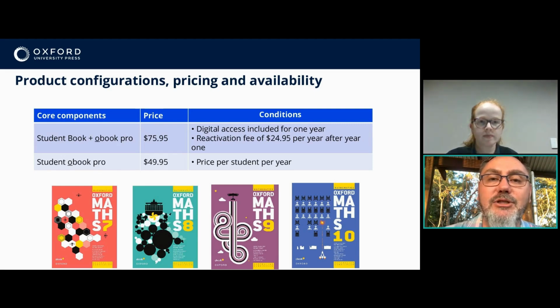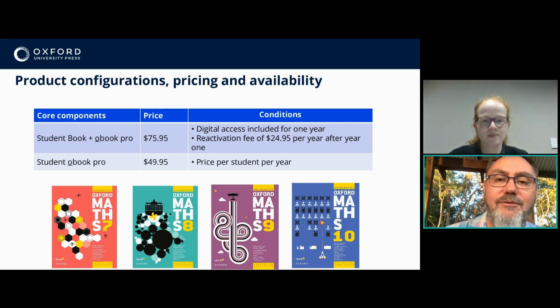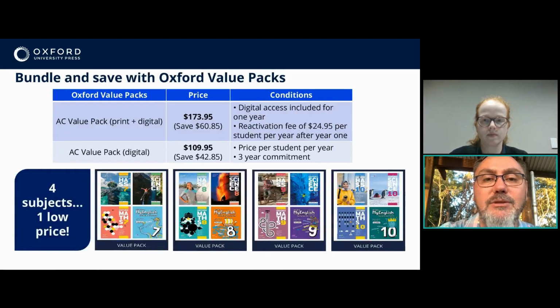There is a reactivation fee of $24.95, but you can also talk to your consultant about your particular school if you're looking to adopt for 3 years or more, and we can look at that reactivation fee. Student book O, just the digital component for a student purchase, so if it's a book list of the digital, you're looking at $49.95. But at school, institutional purchases are different pricing, so please talk to your local consultant in regards to pricing for that, and also the reactivation codes as well.